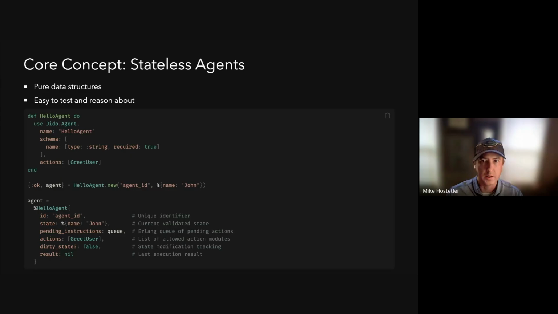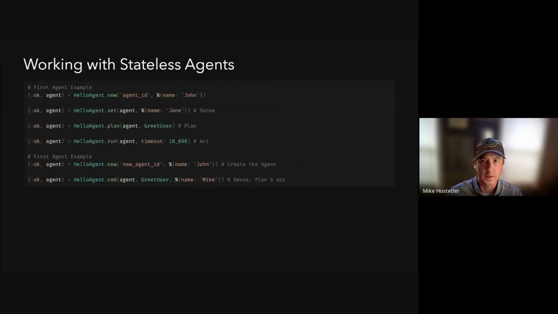So the core module, Jido agent module, provides a couple of methods that mimic back all the way to that kind of sense, plan, and act flow. And that's where the API was, again, really built around. So we can build a new data-driven agent.